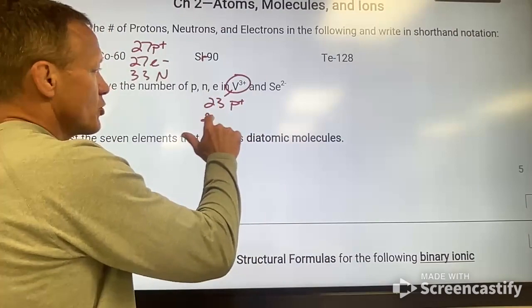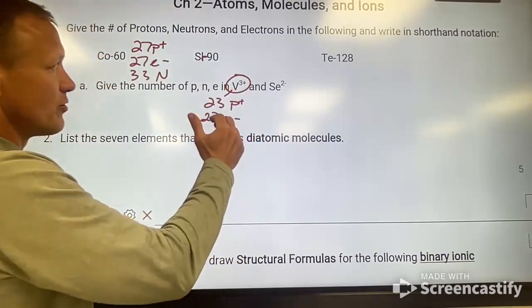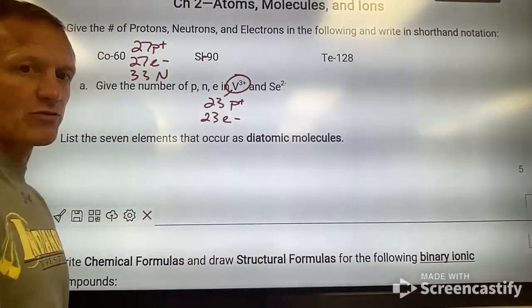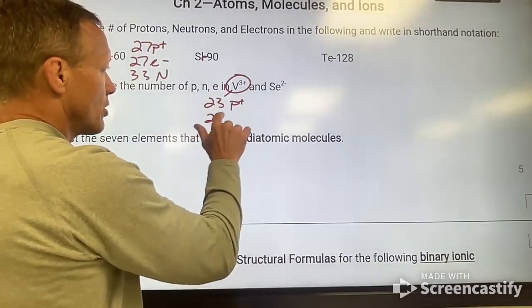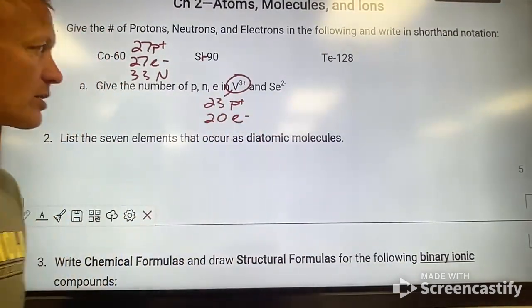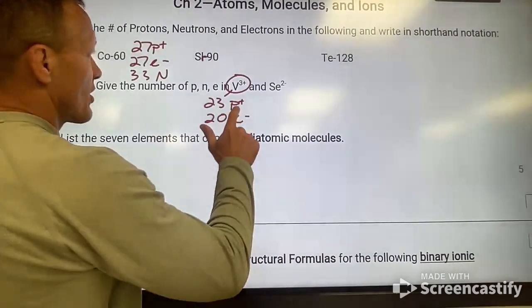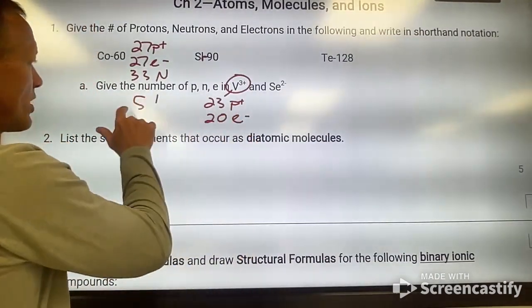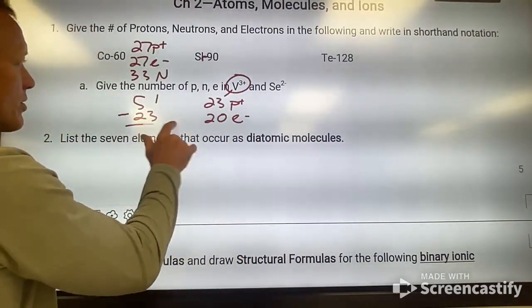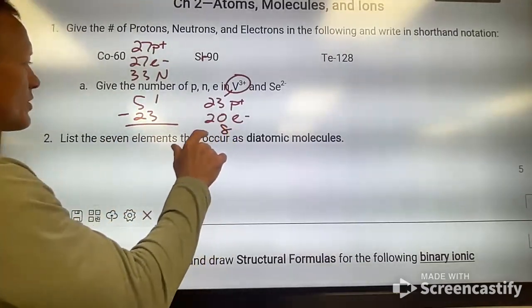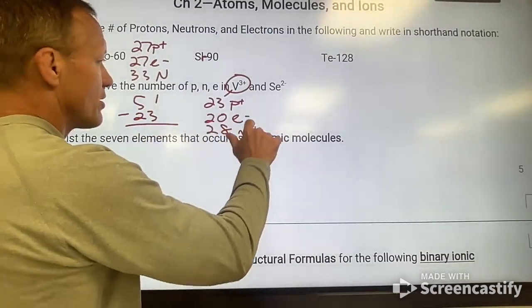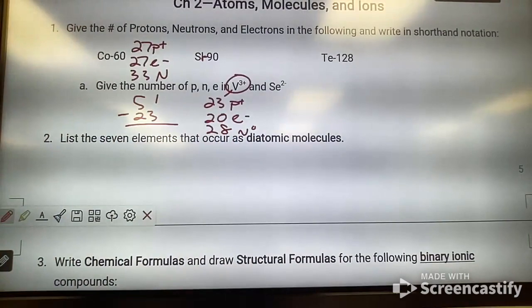So normally 23 protons, 23 electrons if it's neutral. If its charge is positive 3, it means it's lost 3 electrons. So it's got 20 electrons. Mass number, like I said, is 51. 51 minus atomic number is 28 neutrons.